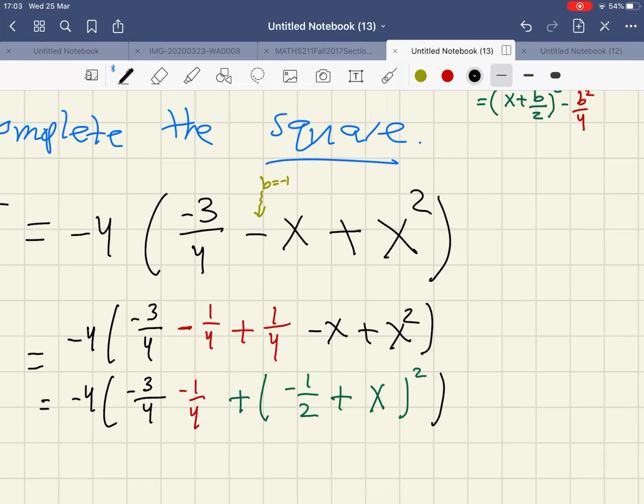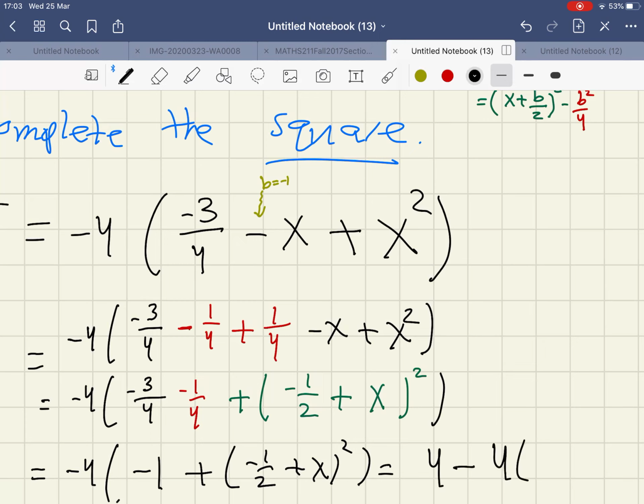Now I think we can do some simplification. Keep everything as it is. This is negative 4. This will be negative 1 plus this one square. Take the negative 4 inside. This will be 4 minus 4, 1, negative 1 over 2 plus x squared.